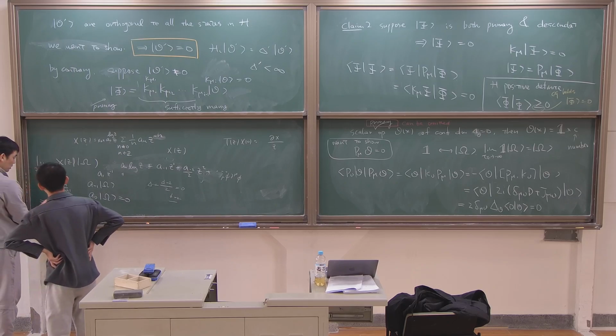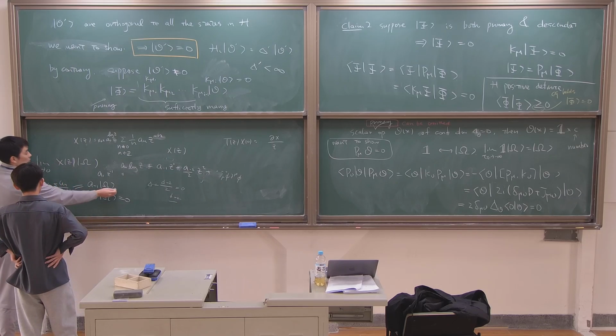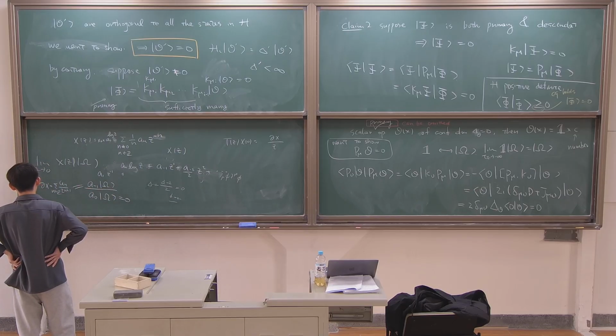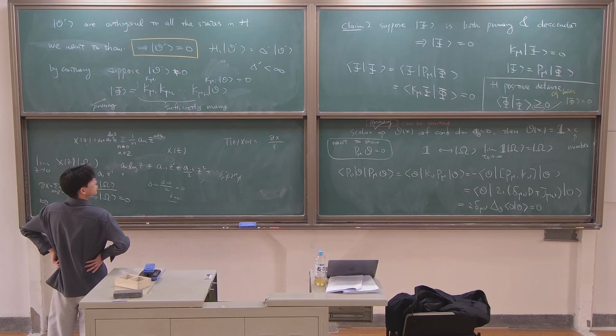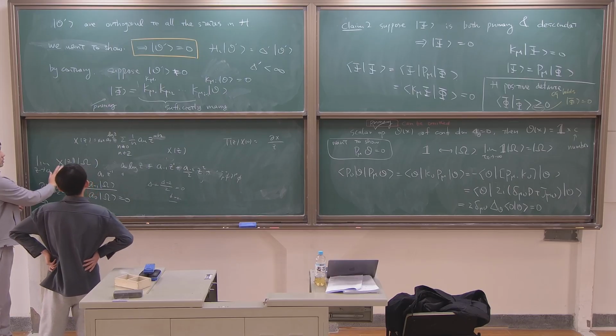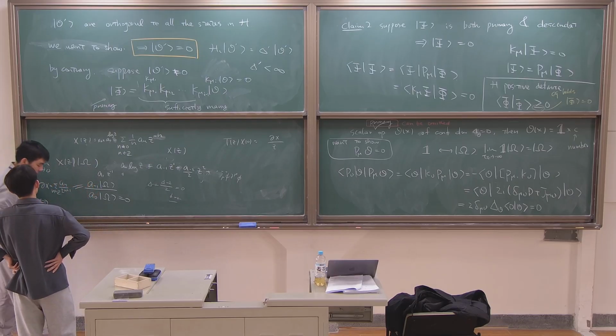This is primary, and this is another set of conformal distribution. X of Z is not open. It doesn't create any scalar fields.